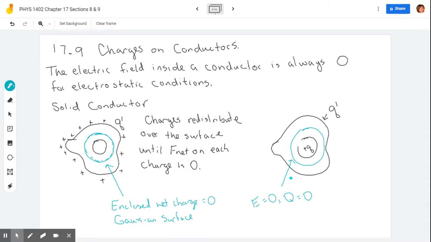We go, well, Miss Hughes, the way you drew it, the enclosed charge is plus Q. Well, what's going to happen? If I put a positive charge in the middle in this hole, it's going to attract an equal quantity of negative charge.